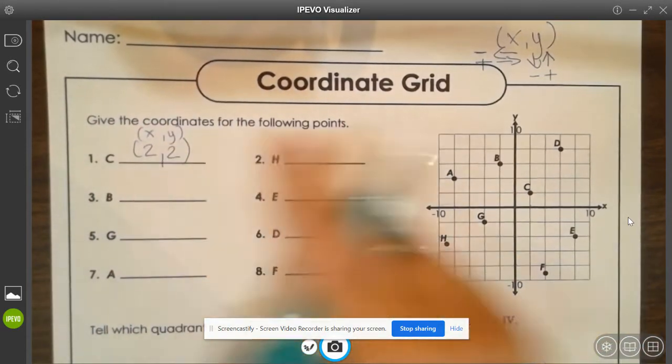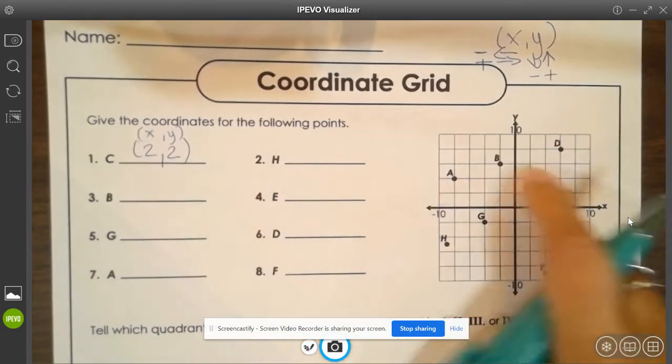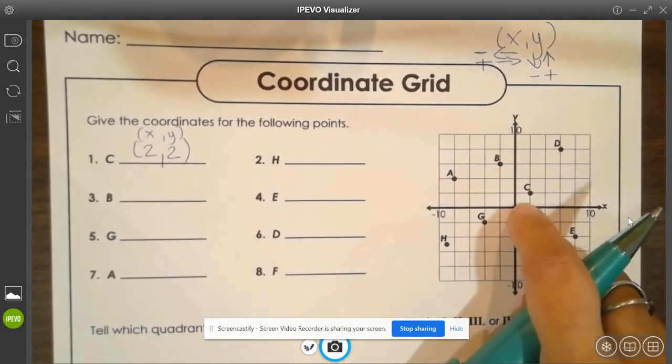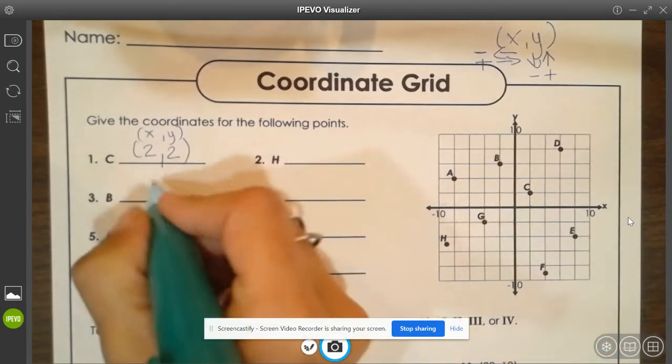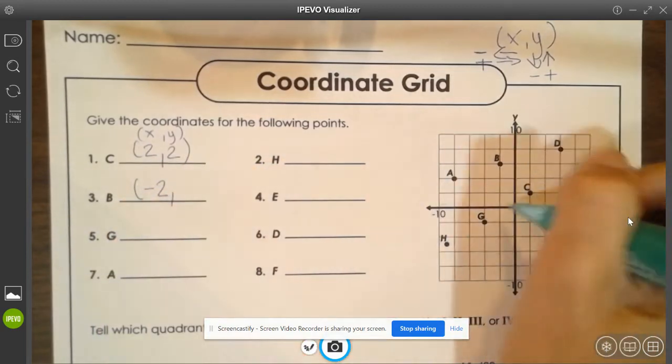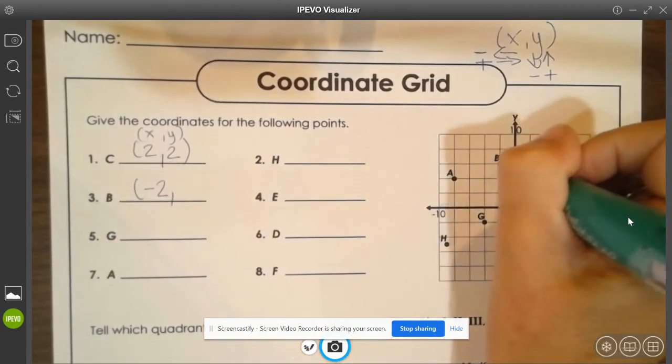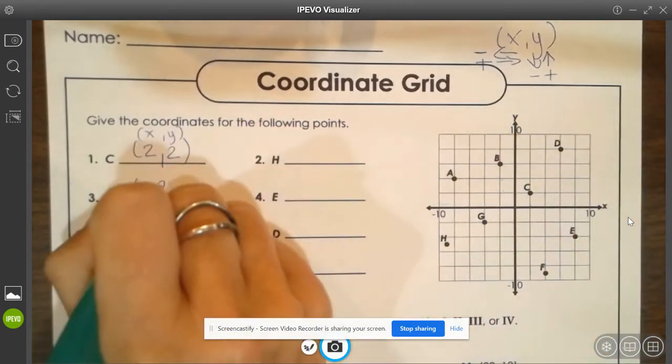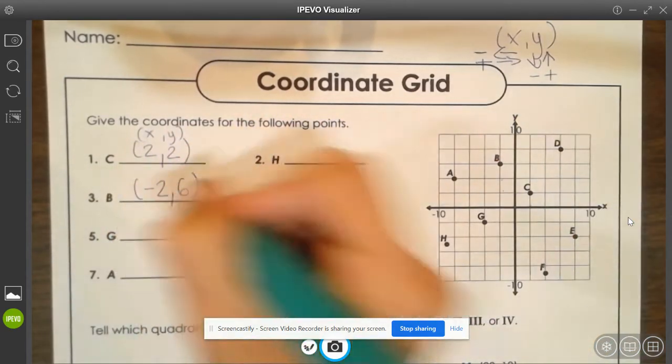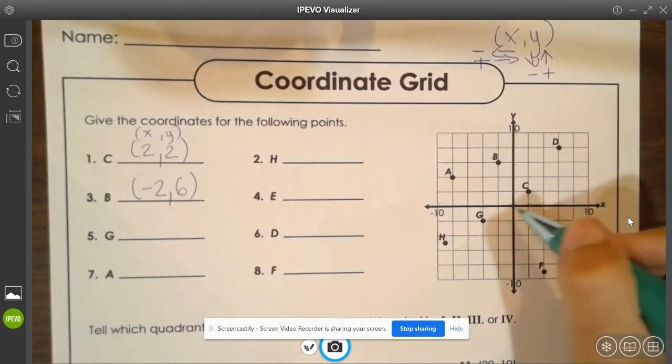All right, so B, let's find B. B is over here. So we're going to go 2 left, and then 2, 4, 6 up. All right, G. G is over here.